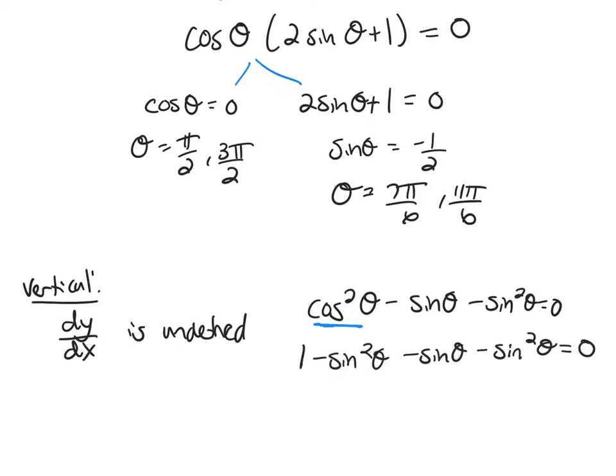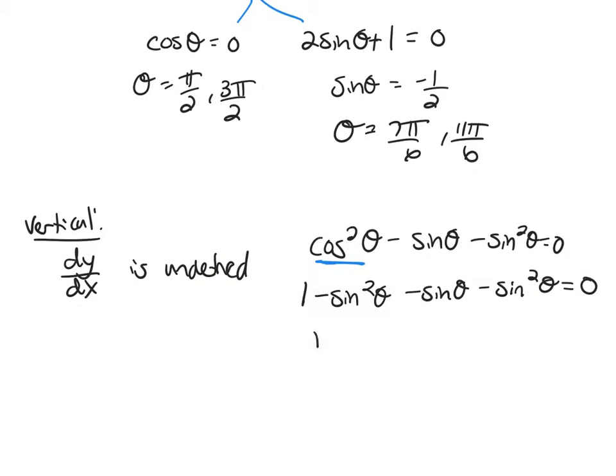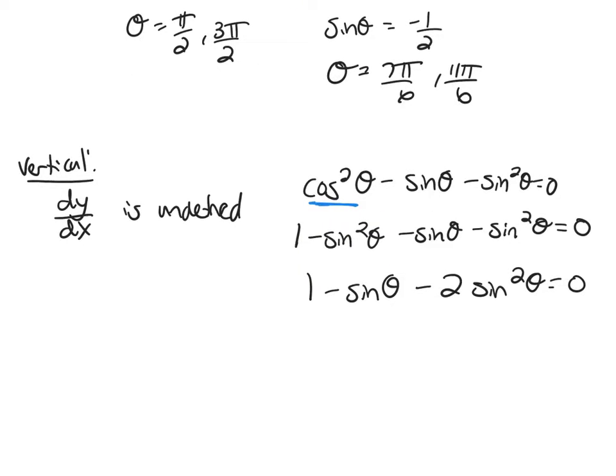And so now what do I have? I have 1 minus sine theta minus 2 sine squared theta. And then you can factor this into 1 and a 1, sine theta and a 2 sine theta, and a negative and a positive there.